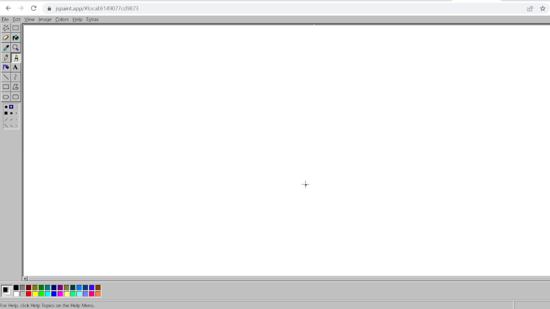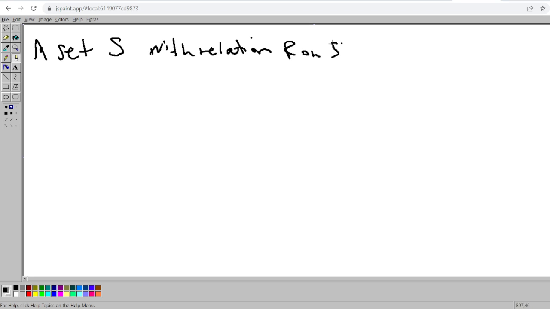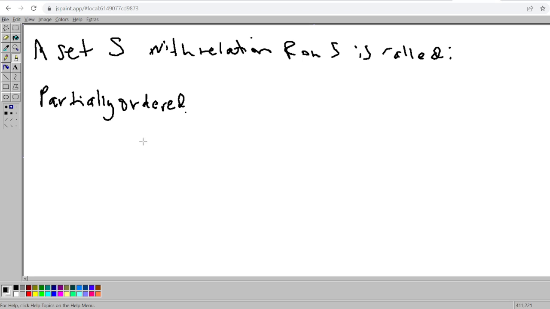Okay, because we're gonna dip our toes into modulo in a second, which is interesting on its own, right? And now we can say, under their definition, a set S with relation R on S is called partially ordered or totally ordered. Now, what do they mean?